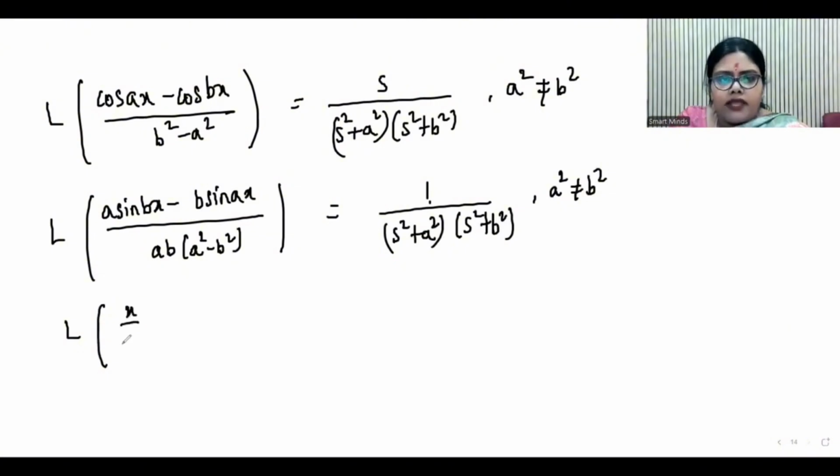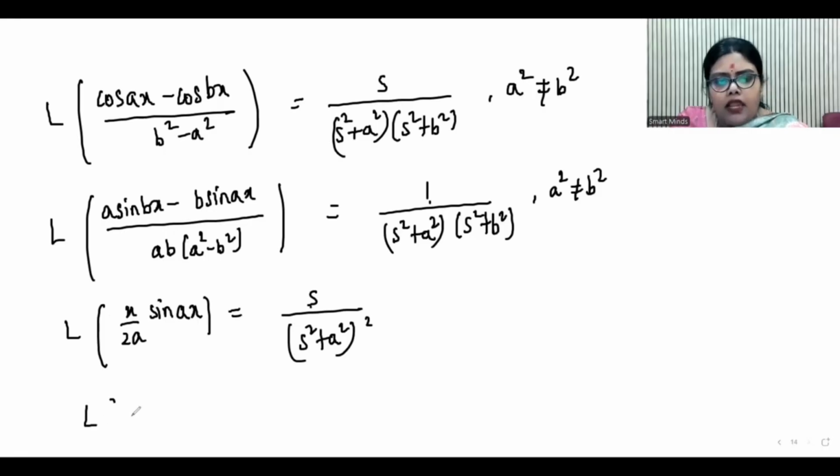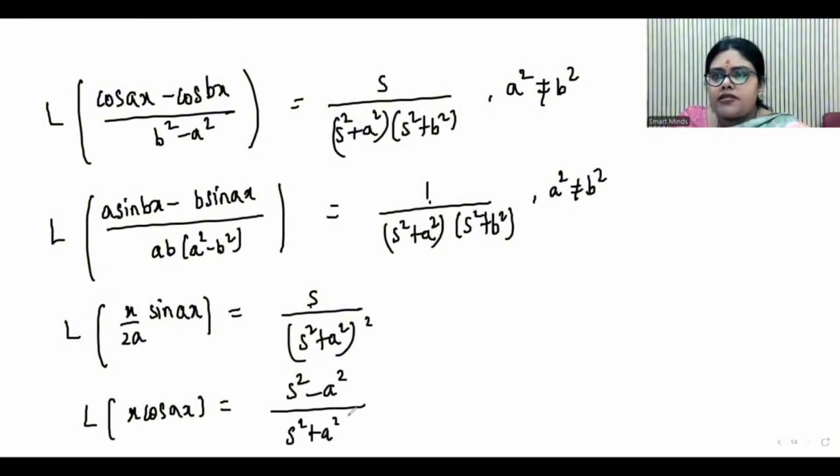Now L of x by 2a sin ax is equal to s by (s square plus a square) whole square. L of x cos ax is equal to (s square minus a square) by (s square plus a square) whole square.